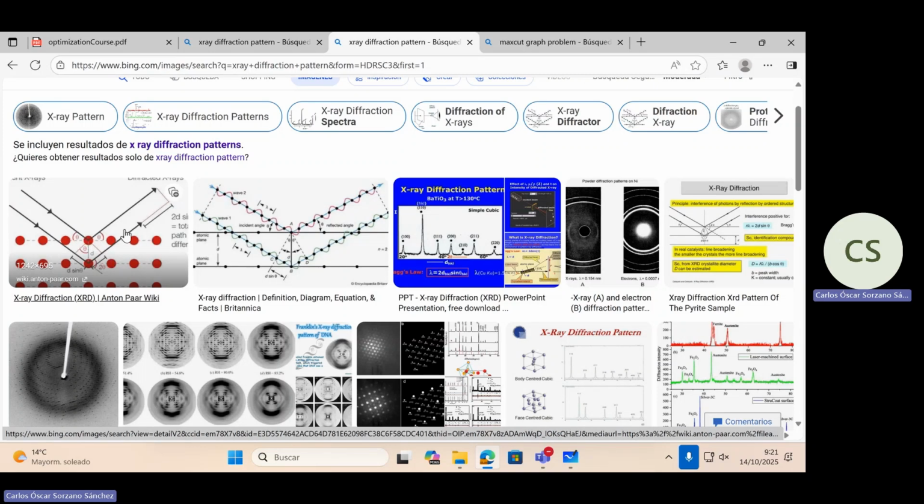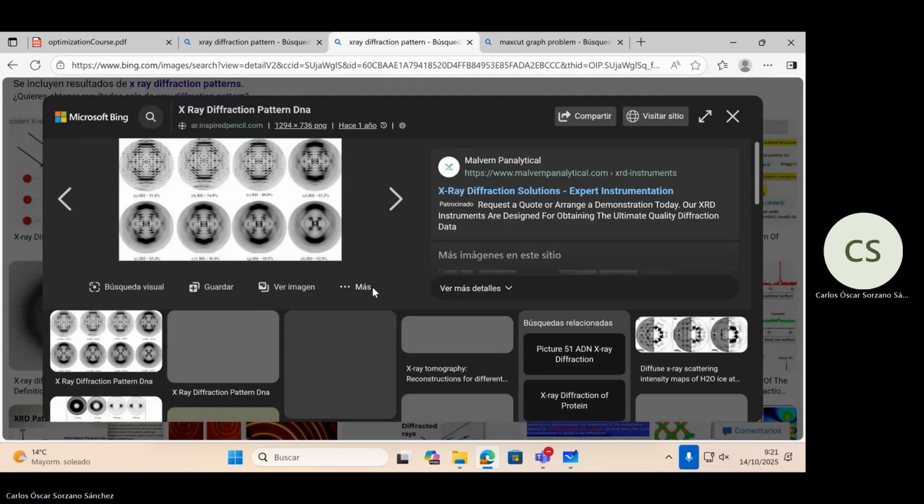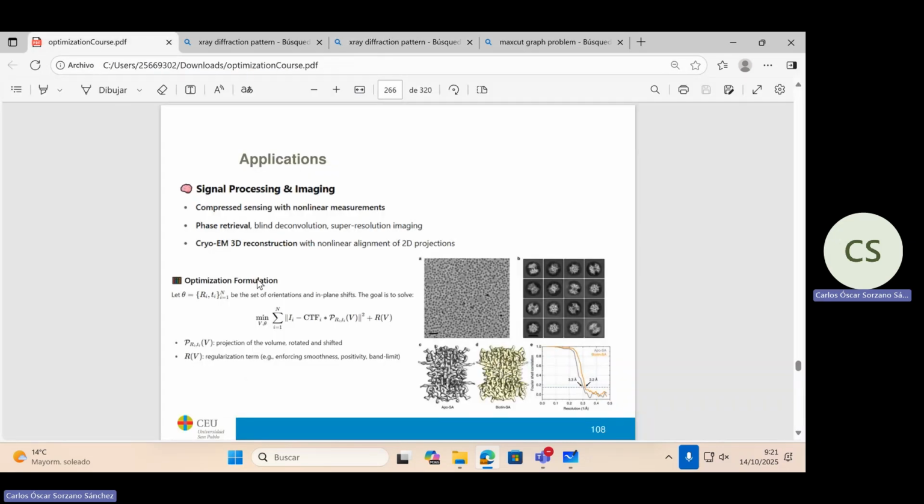And then you have diffraction patterns that may look like these ones, for instance. This is the amplitude of the Fourier transform, but you have lost the phase. And then there are many techniques trying to recover the phase. And those techniques, again, are nonlinear optimization problems.